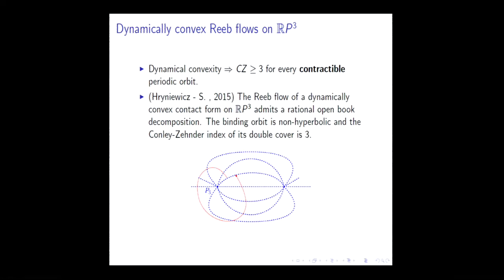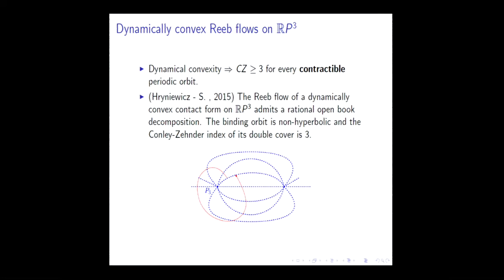Together with Umberto, we essentially passed this theorem to the particular case of RP3. We used the same method to produce this foliation on RP3. And there is a similar definition of what dynamical convexity means on RP3.